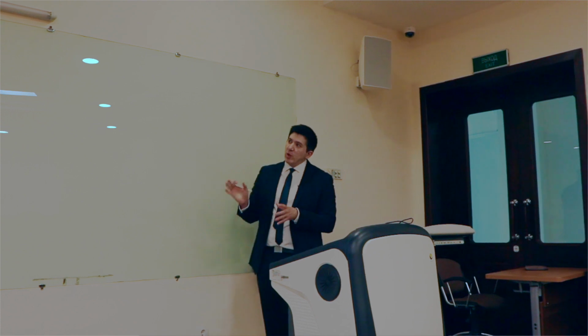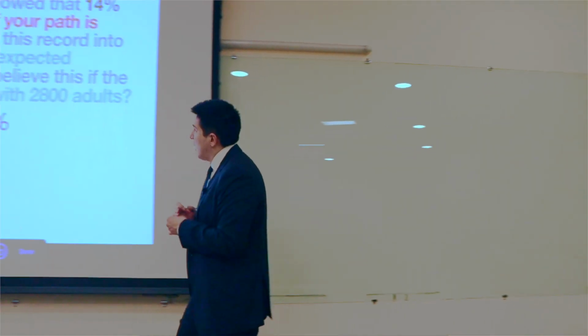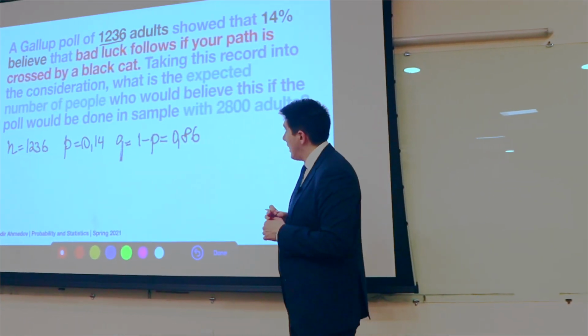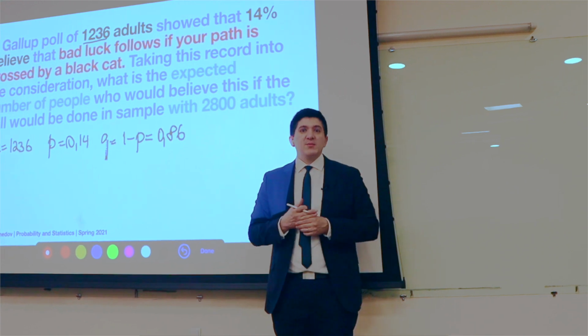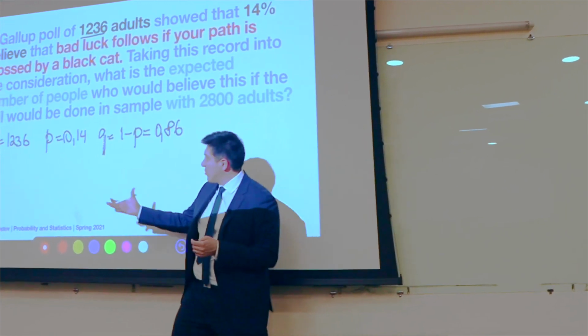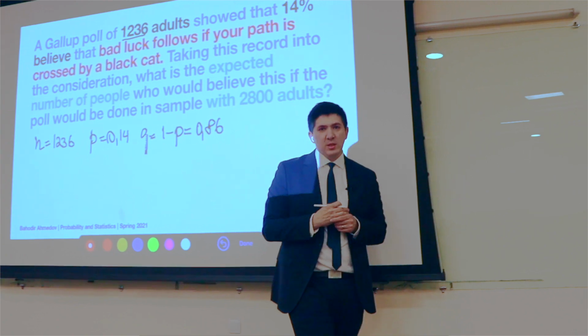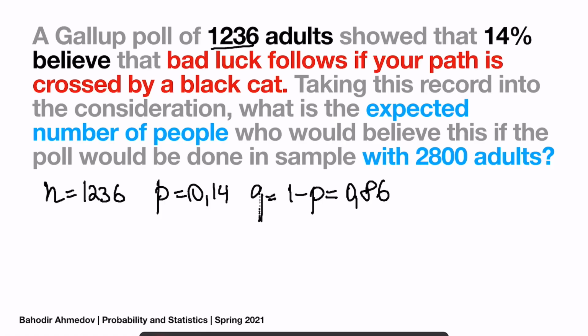Okay, and now what you ask is, if you would just increase the sample from 1,236 to 2,800, what would be the number of successful cases? So in our case, what would be the number of people who would believe this, on average?